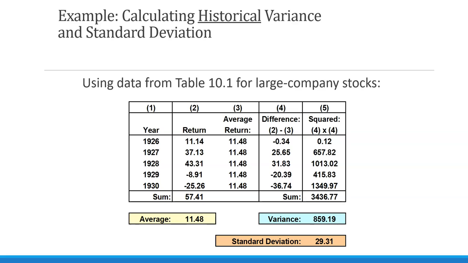We see the difference between the two, which is the deviation between the two. And then that squared, and then we get our standard deviation. So we get a variance of 859.19 and a standard deviation of 29.13.